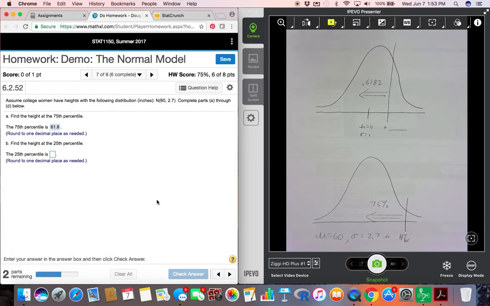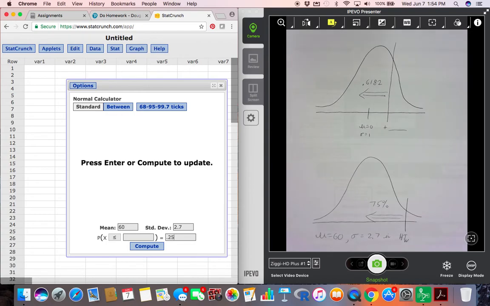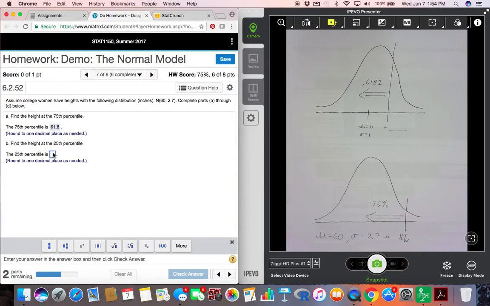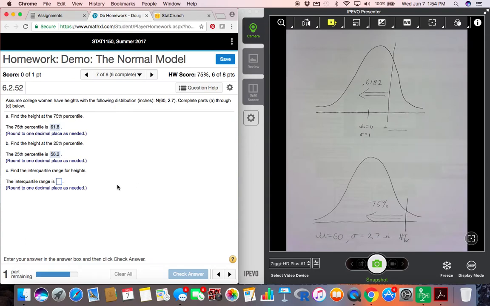All right, find the height at the 25th percentile. Okay, well, it's going to be pretty easy, isn't it? 58.2. Find the interquartile range.